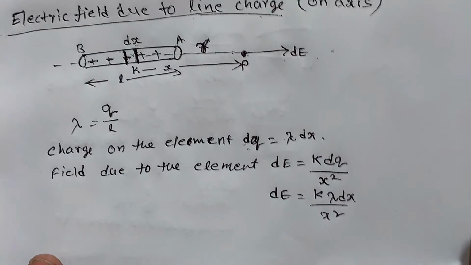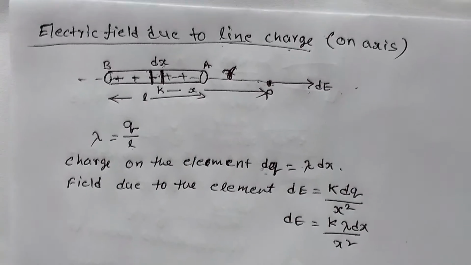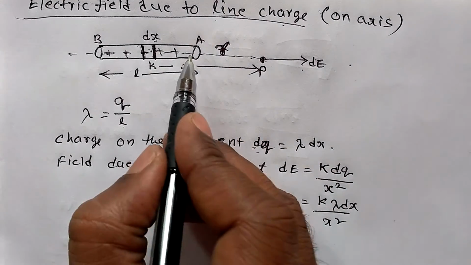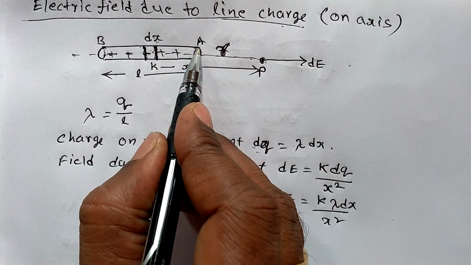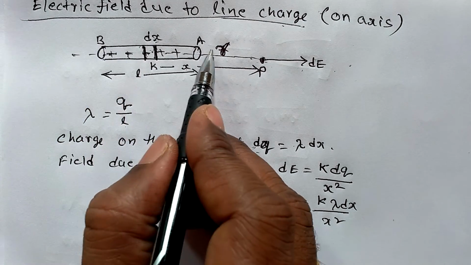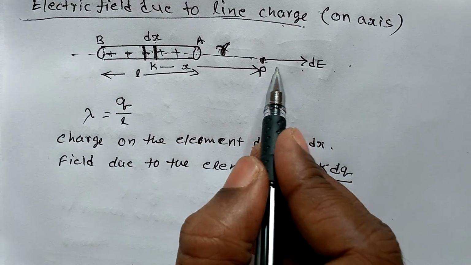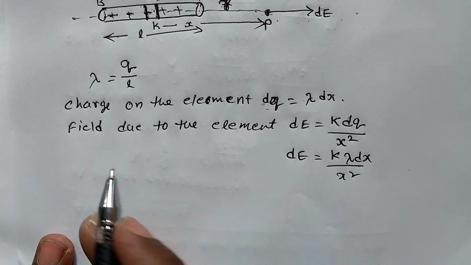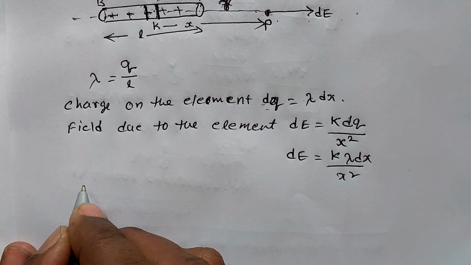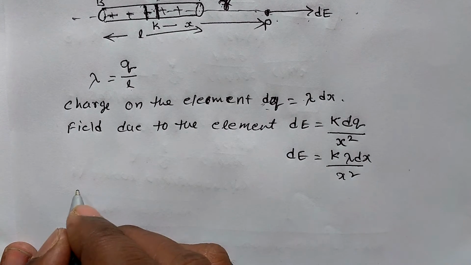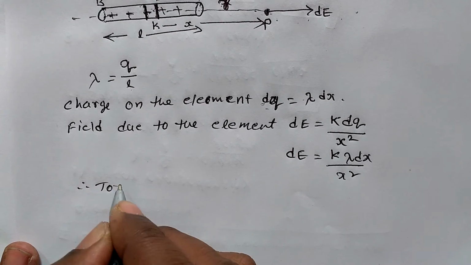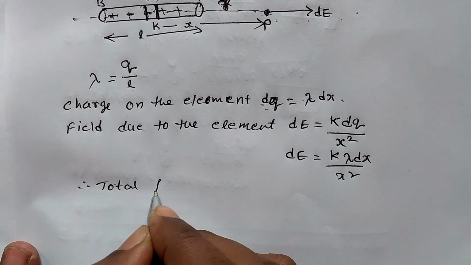Adding means here we are doing integration, from A end to B end. On integrating we will get the total field intensity.